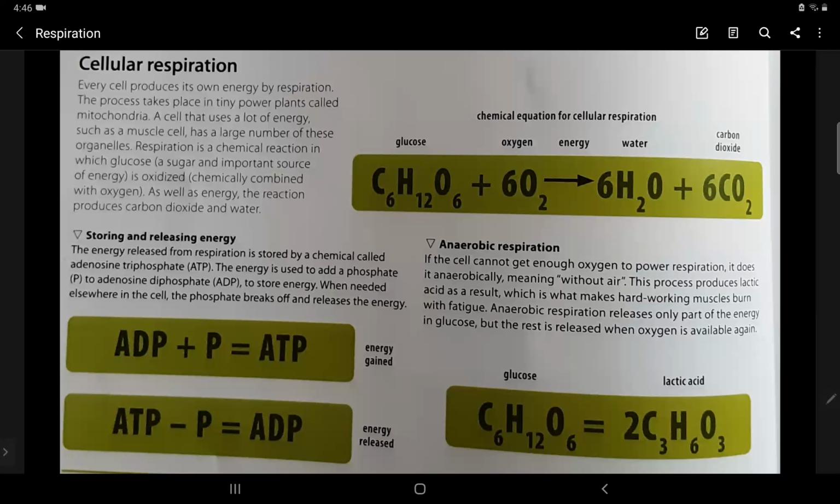Anaerobic respiration releases only part of the energy in glucose, but the rest is released when oxygen is available again. So let's see the equation here, which will be C6H12O6 equals 2C3H6O3, which is glucose equals lactic acid.